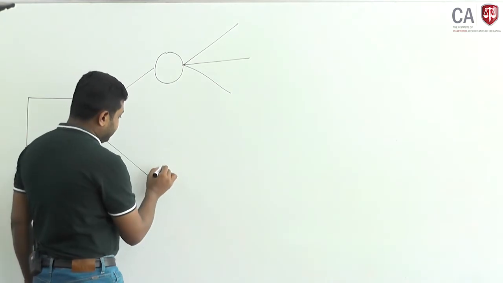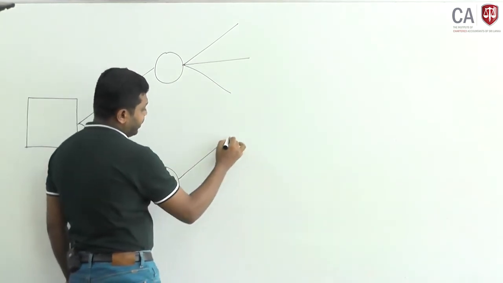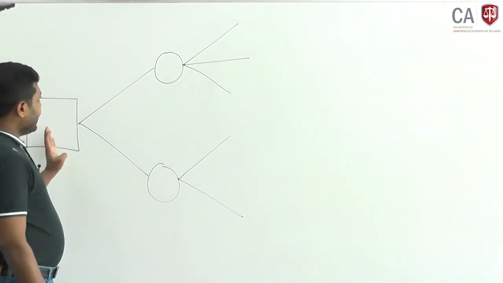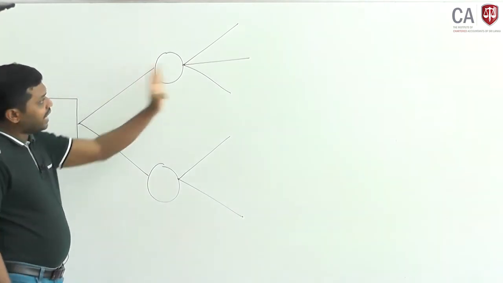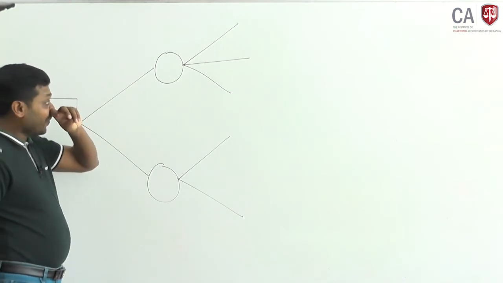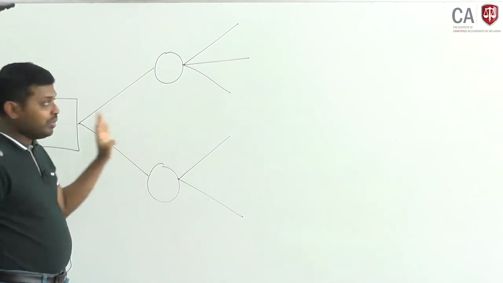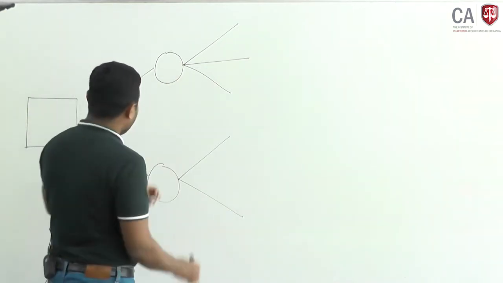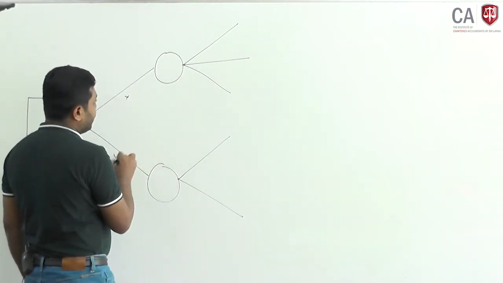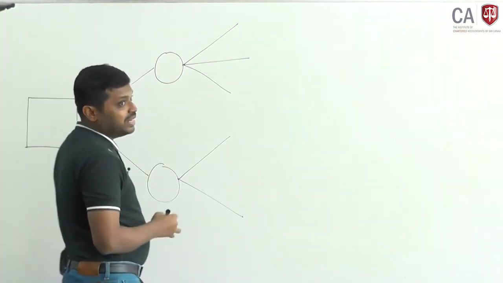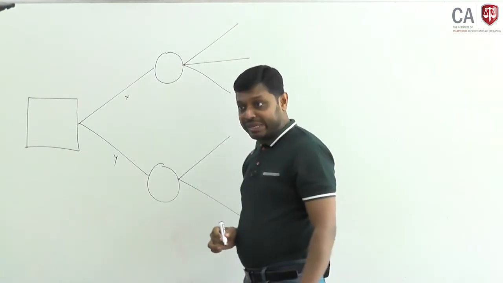We construct from left to right, that means when you construct the decision tree, it should be left to right. Then you have to label them x, y, and in some instances assign some probabilities, if required.